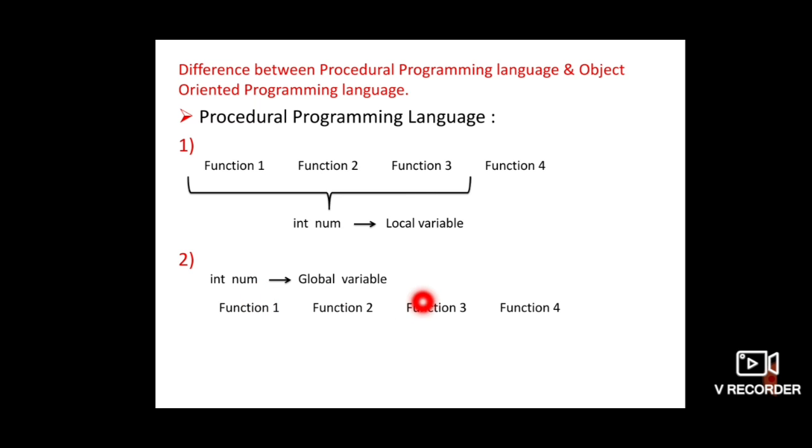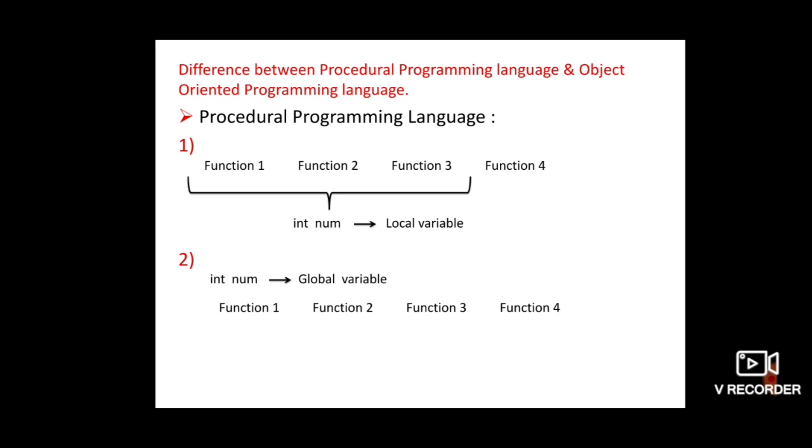Why can function 3 change num? Because it is declared globally. If any variable is declared globally, we can change or use this global variable anywhere in the program. So this method is not suitable. Int num is not safe here, because any function can use int num since num is declared globally.